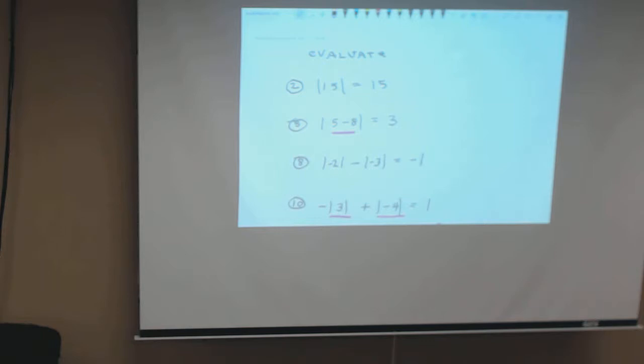Okay, in problems 1 through 10 on page 355, evaluate each expression. And the first expression says, what does that say? Can all of you read that? It tells you how to read it on page 351.